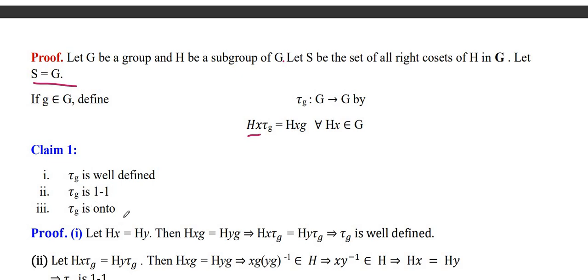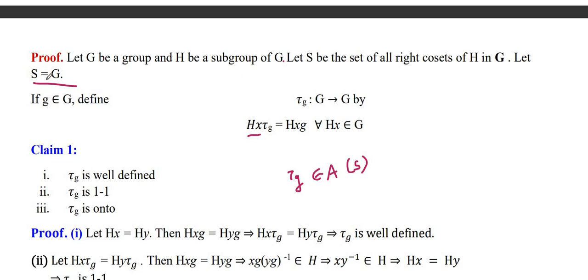Tau_g is 1 to 1, tau_g is onto. Once we have this, only then we can have our tau_g to belong to A(S). So just to have tau_g to be in A(S), we need to have this tau_g to be 1 to 1 and onto. Remember, here S does not have any structure. In this case, S is considered as only a set of right cosets.